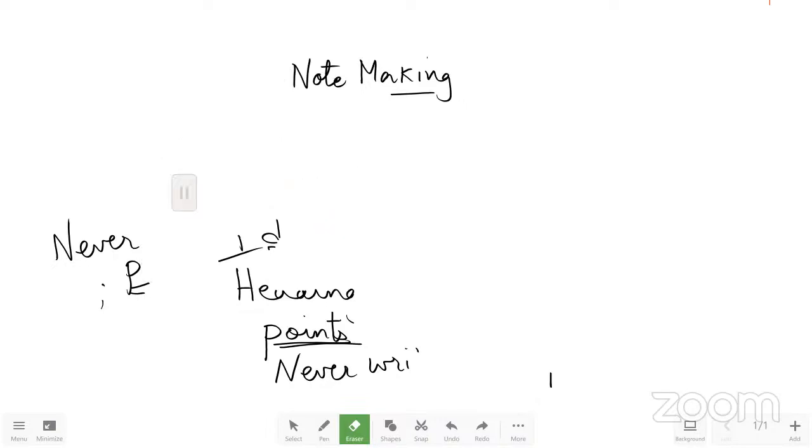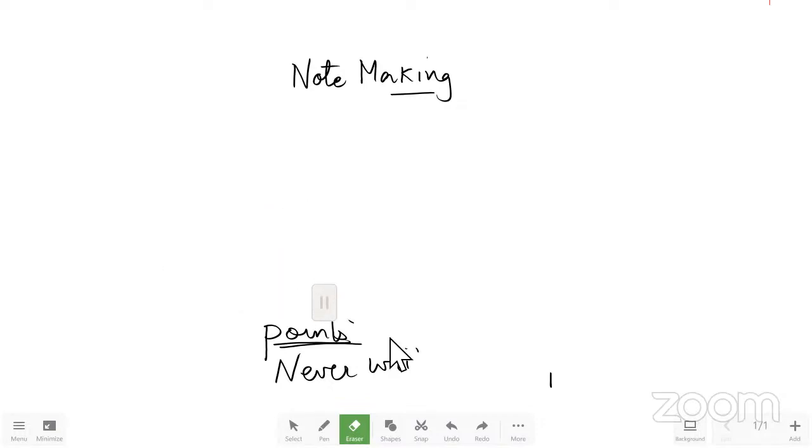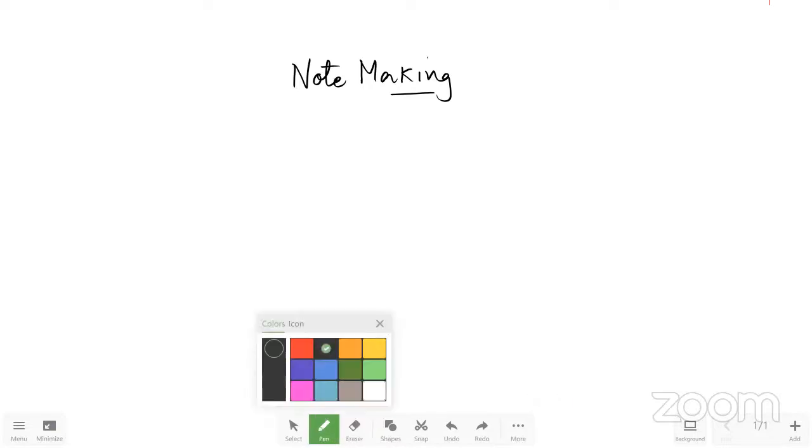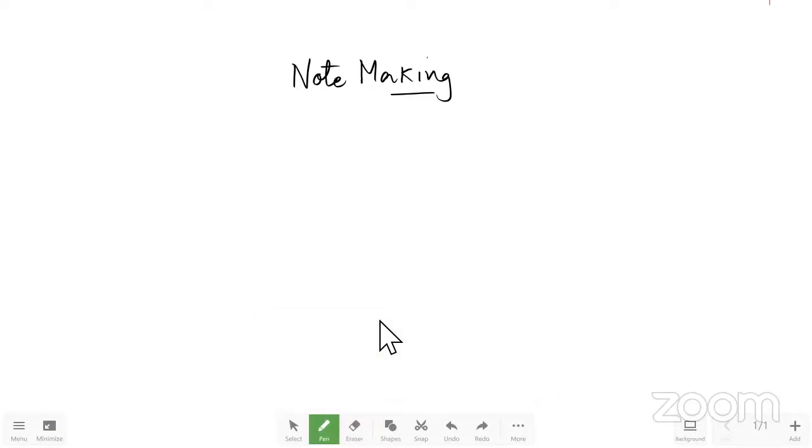It is easy for you to secure more marks when you go about writing everything neatly. So remember, note making, the first thing you have to remember is the title.